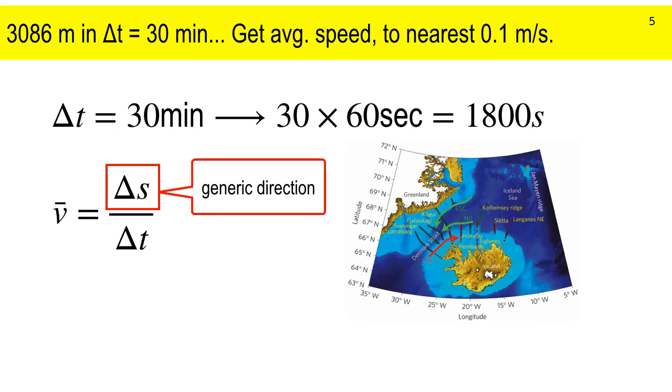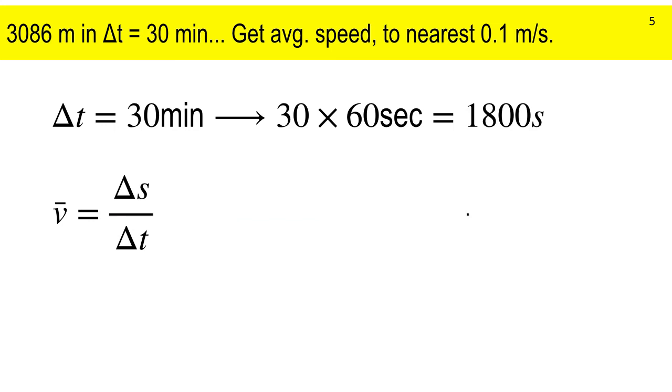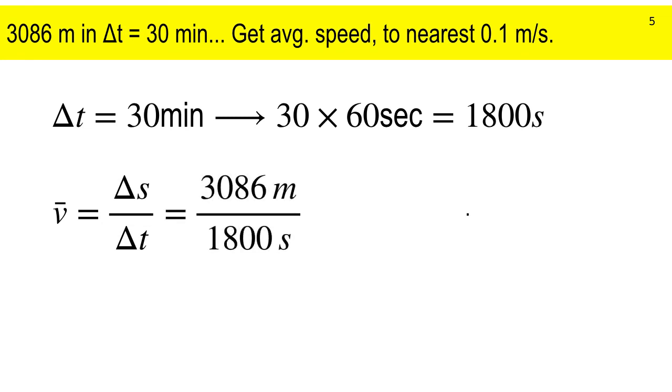I didn't specify the northeast axis, so for any direction I use the symbol S for some generic axis. So there's our generic formula. Now you plug in your values. The numerator was already given, 3,086 meters, and down in the denominator, 1,800 seconds. I think a bunch of you got caught with 30 minutes in the denominator.